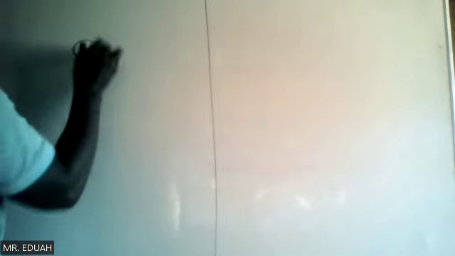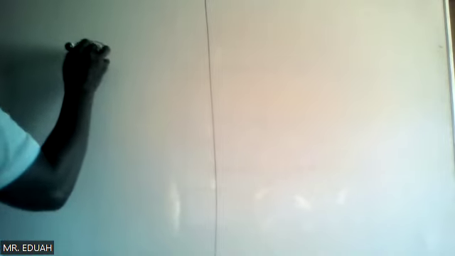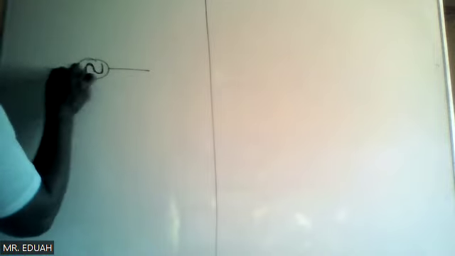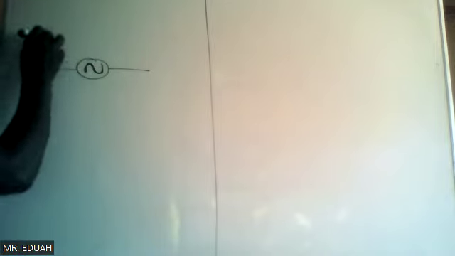So when you connect a resistor to an AC source, the source is here. I told you in a circuit, if the source of EMF is AC, this is how we represent it, connected to a resistor.